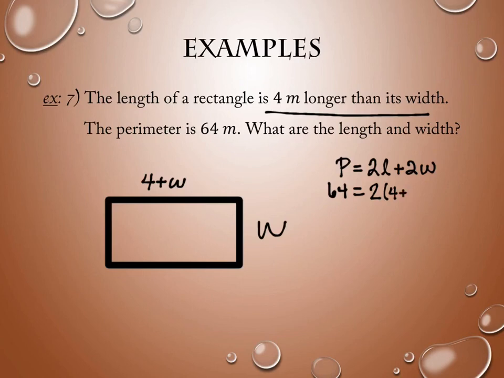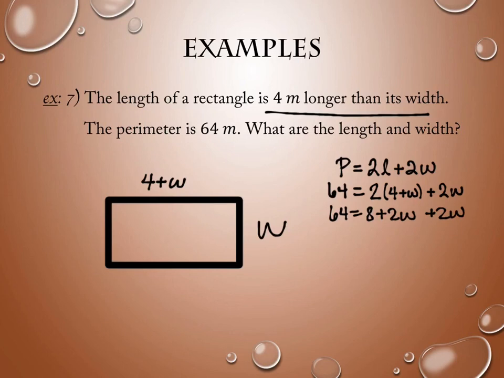Yeah, it's 4 plus W. And the width, W, is actually still W. So this is what we have as a setup for our problem. What would we do to solve first? Distribute, you bet. So 64 equals 8 plus 2W plus 2W.